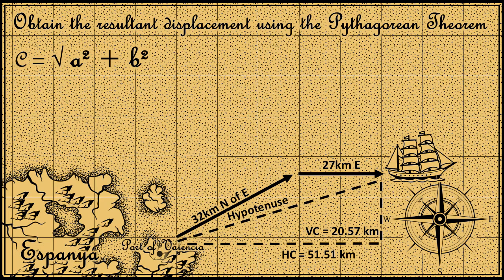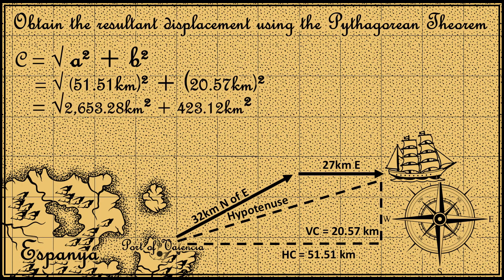In the Pythagorean theorem, the formula is c squared, or the hypotenuse of a 90-degree triangle, is equal to the sum of the squares of sides a and b. Next is to apply the needed values of the formula, then equate. Thus, we now have 55.47 kilometers as the hypotenuse or the distance of the ship from the port.